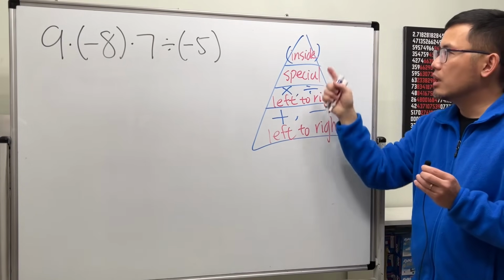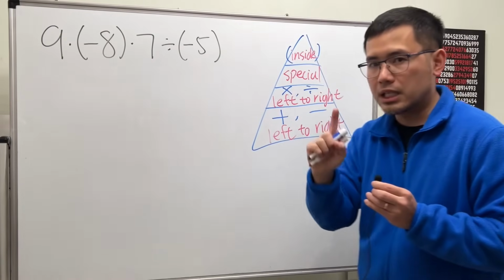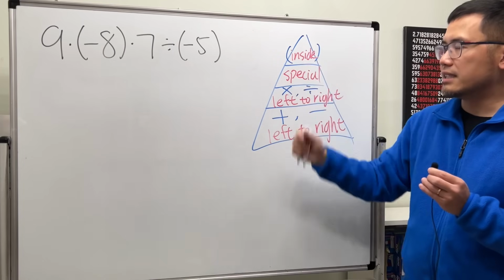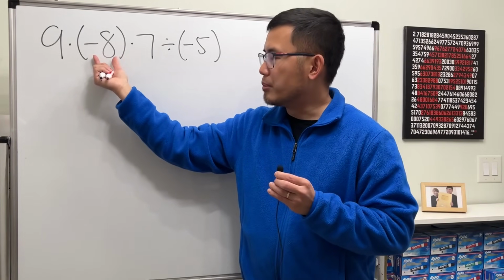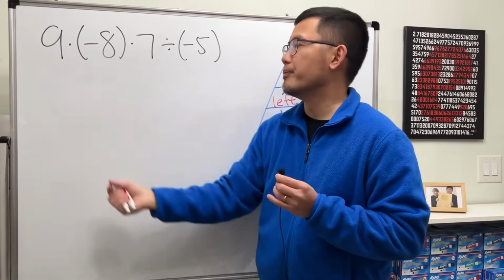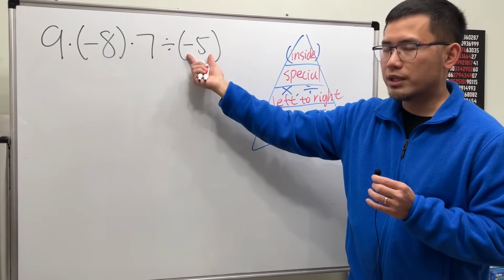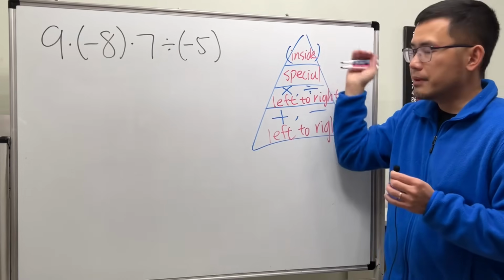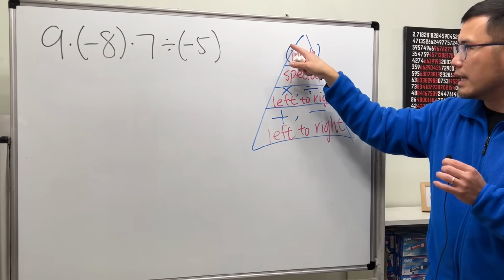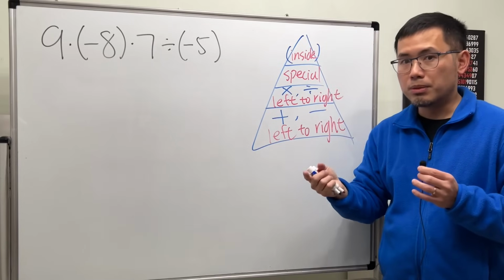So let's check. We do have parentheses though, but the key is we look at the inside. Is there anything going on inside? No, this is just a number -8, so there's nothing to do. Likewise, we have parentheses -5, so again, nothing to do. And you should also remember that the parentheses means to multiply sometimes.